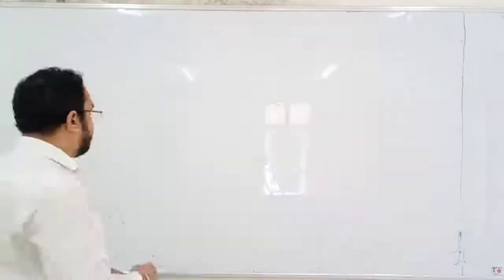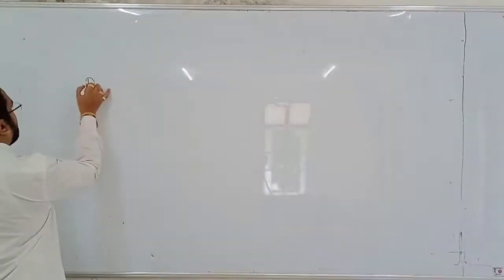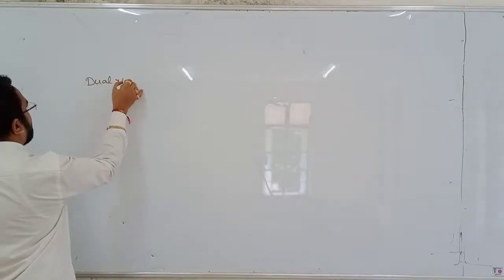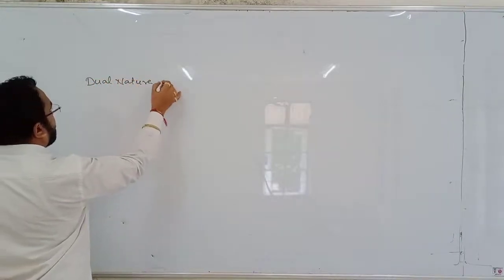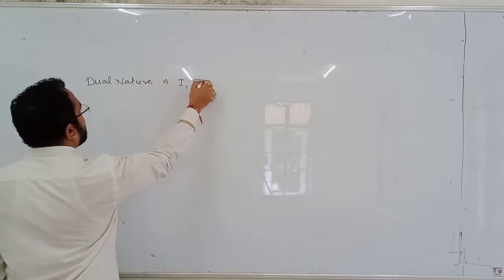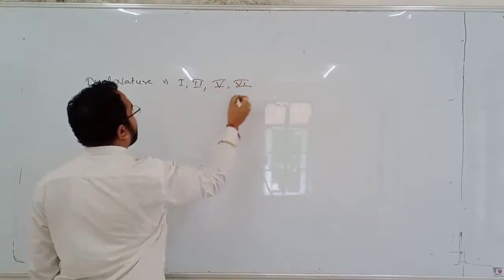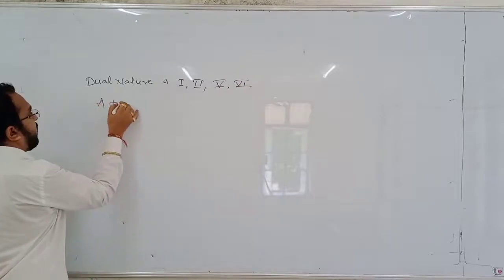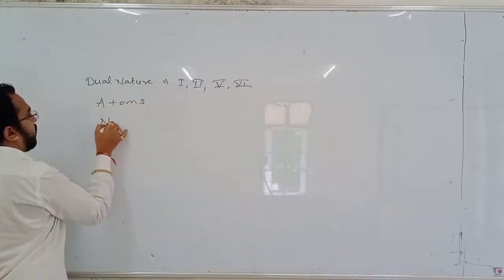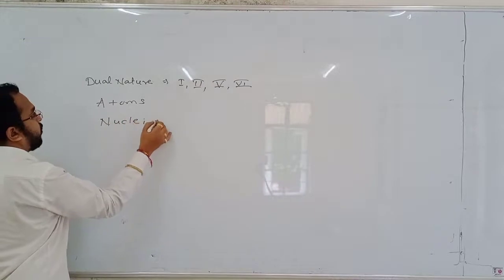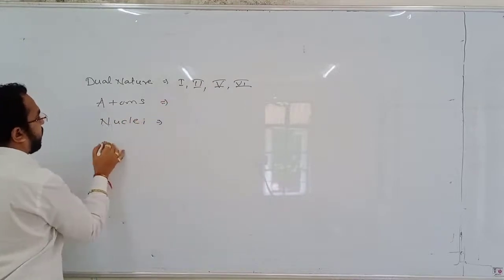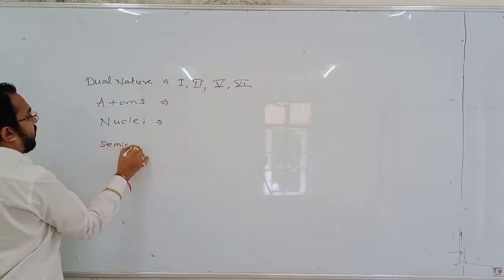In dual nature, we have 1, 2, 5 and 6. Then atoms, nuclei and semiconductor.